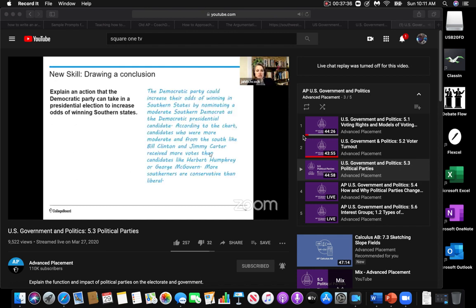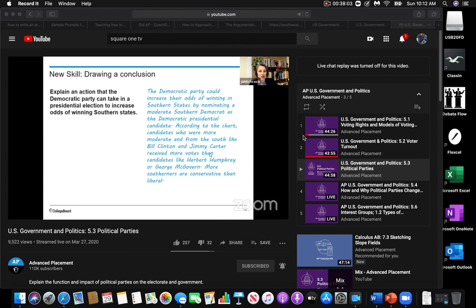So our answer here is the Democratic Party could increase their odds of winning the Southern states by nominating a moderate Southern Democrat as a Democratic presidential candidate. Here's where I'm grounding it back to that data chart. According to the chart, candidates who were more moderate and from the South, like Bill Clinton and Jimmy Carter, received more votes than candidates like Hubert Humphrey and George McGovern.